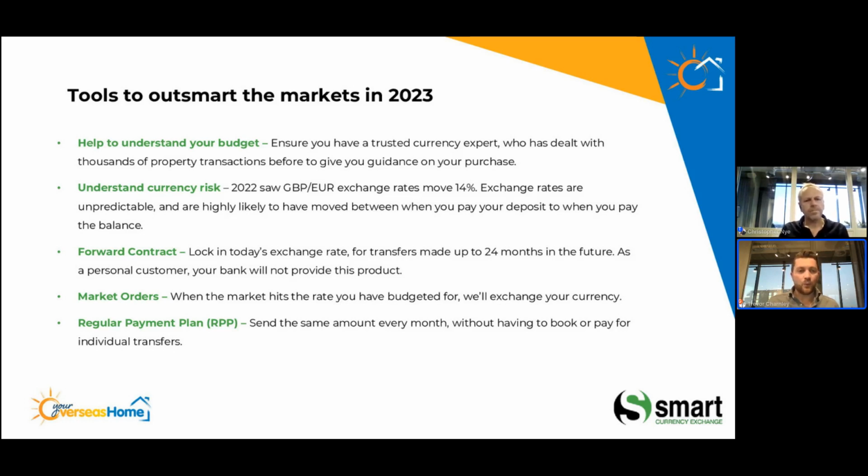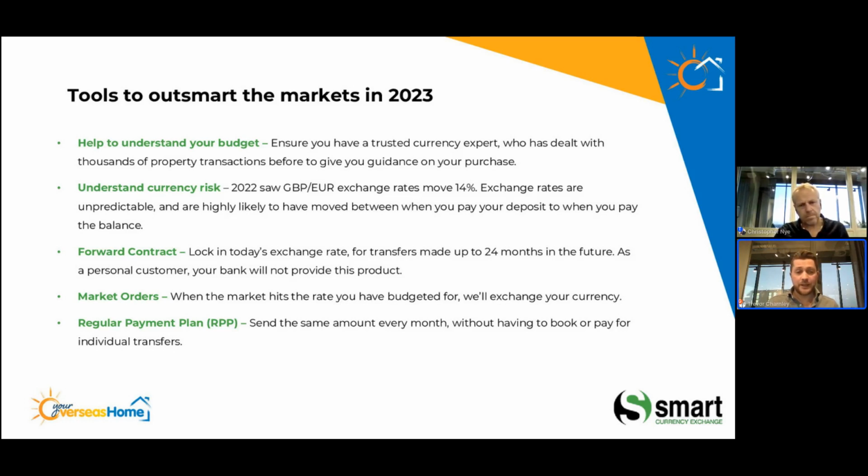That way, wherever the exchange rate is in 6 months' time, I already know how much sterling I need to pay on completion day, irrespective of what political or economic turmoil is to come over the next 6 months. I'm safe, I'm secure, I know exactly what I'm going to need to pay on completion day. That's a really, really useful product, particularly when it comes to overseas property.